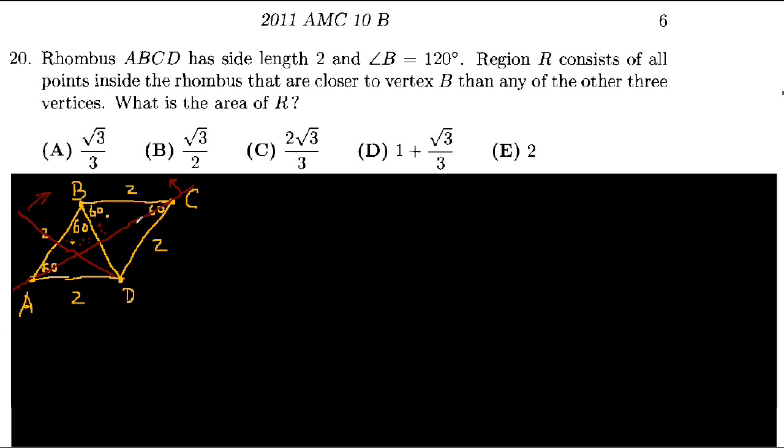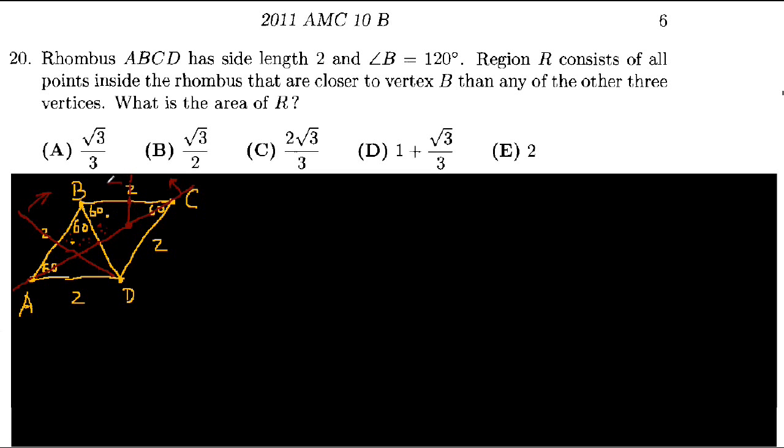Now how about C? Again, we find the middle point between B and C. Then we draw a line. Why? Because anything on the left of this line would be closer to B, and anything on the right side of this line would be closer to C, right? So now you can stop here.